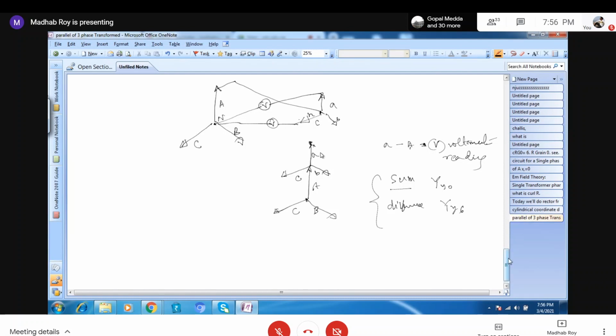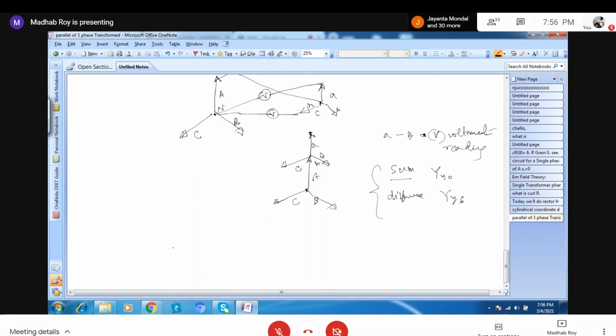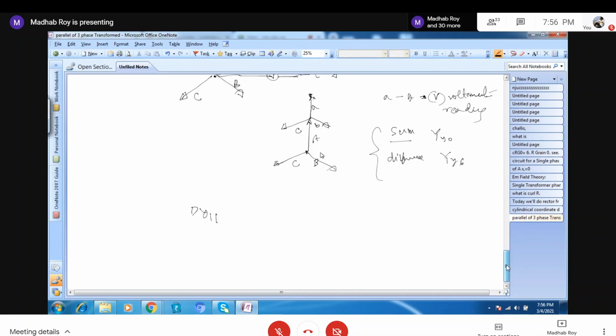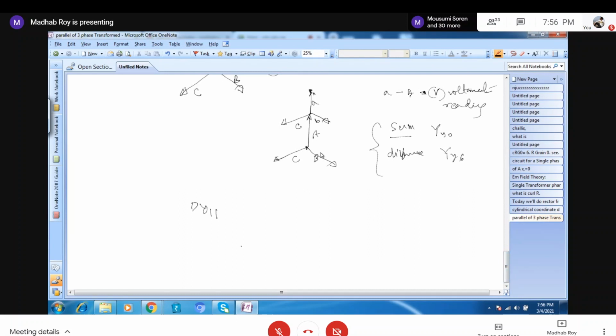Now if the connection is different, suppose the connection is Y1 or 11, then how to make the connection? You have to make the connection so that you can do that.